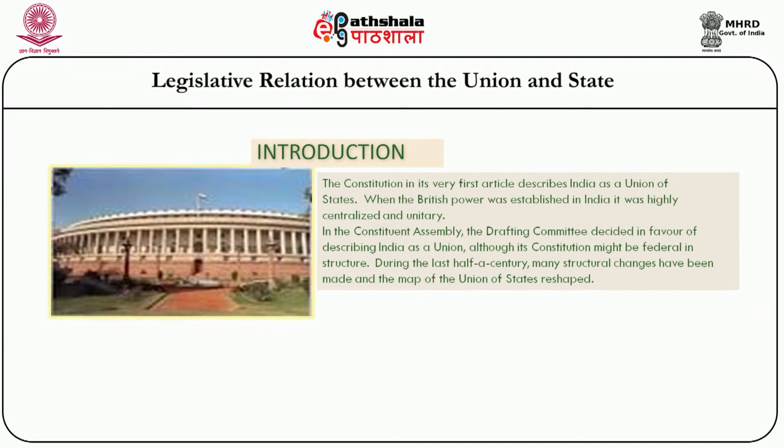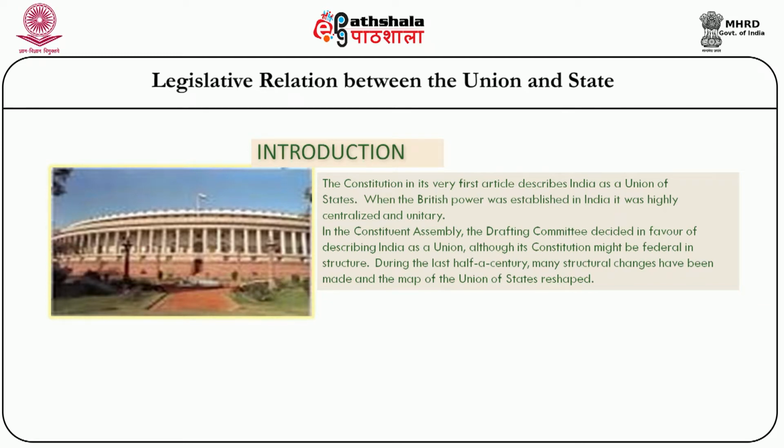When the British power was established in India, it was highly centralized and unitary. And you know that in the Constituent Assembly, the drafting committee decided in favor of describing India as a union.